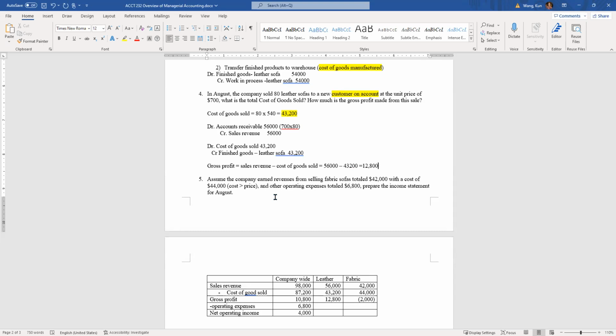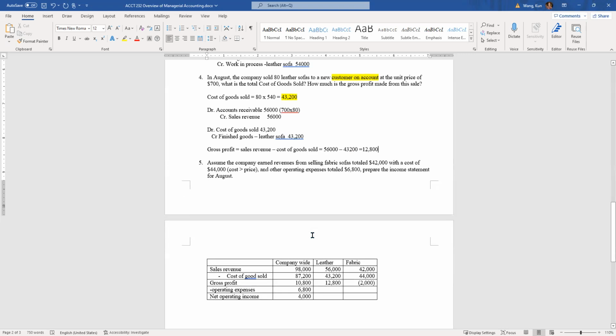And I intentionally made the question like this, because later we want to have a question. If you see losses for a product line, should we discontinue? Or should we discontinue the fabric sofa? Since we are losing money here, we'll discuss this later.